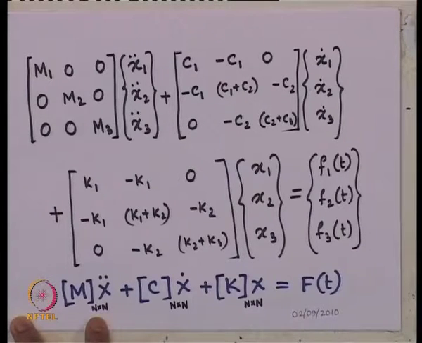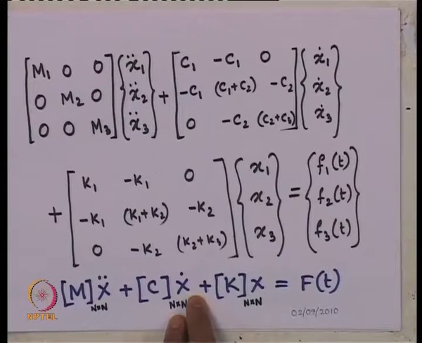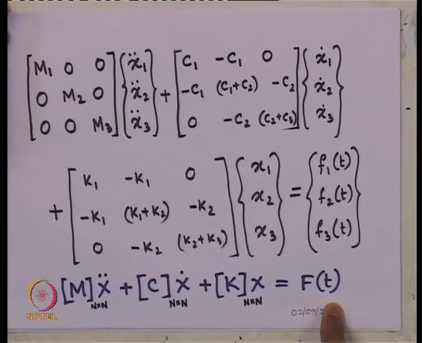So, for a n degrees of freedom system, the mass matrix will be of the size n by n and the acceleration vector will be of the size n by 1. Similarly, the damper matrix will be of the size n by n and the velocity vector will be of the size n by 1. Stiffness matrix will be of the size n by n and displacement vector will be of size n by 1, and externally applied force vector will be of size n by 1.